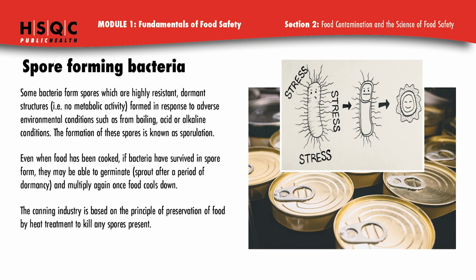Even when food has been cooked, if bacteria have survived in spore form, they may be able to germinate, sprout after a period of dormancy, and multiply again once food cools down. The canning industry is based on the principle of preservation of food by heat treatment to kill any spores present.